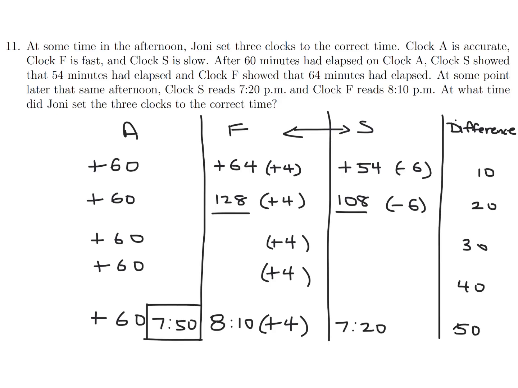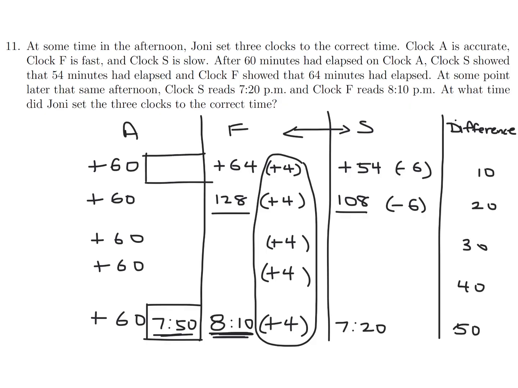Because this accounts for plus 20, so this plus 20 is why you get 8:10. And what they're asking for is what time did she set the clocks initially? Meaning, what is the time up here? Well, that's exactly 60 times 5 before, so exactly 5 hours before, so that would be 2:50. 2:50 p.m. I believe. Yeah. 2:50 p.m. is the answer.